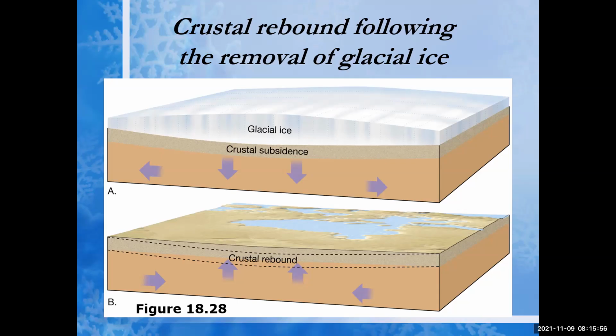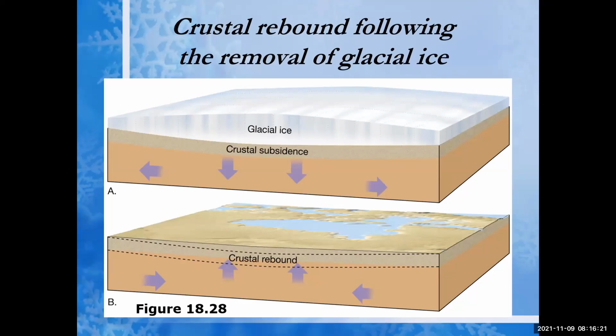By adding all of the weight of this glacial ice, we get some crustal subsidence. That crust deflects downwards.